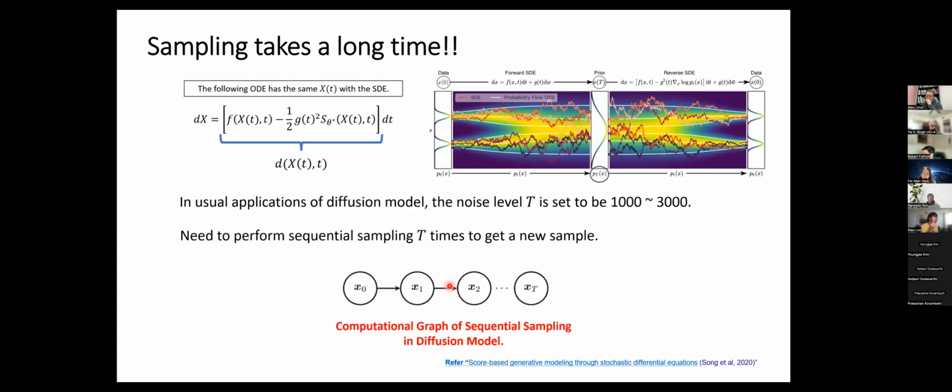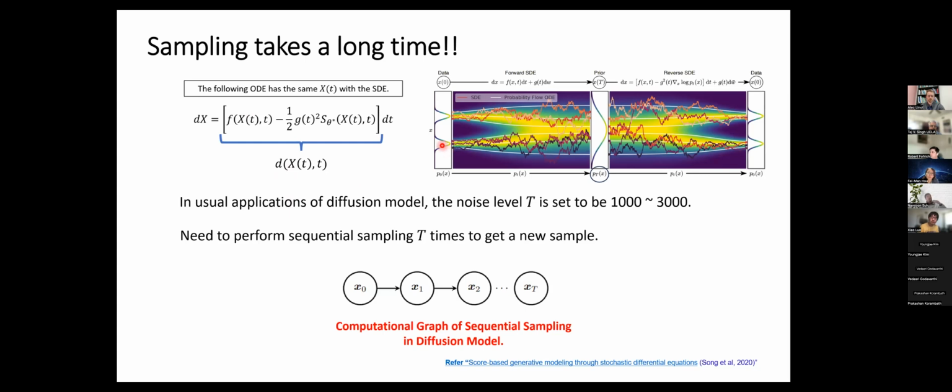So this is a solution path, the squiggly line, the solution path of the SDE, and there always exists a corresponding ODE that has the same solution, and you can derive the form in this way. This is the form of the ODE that we want to solve.